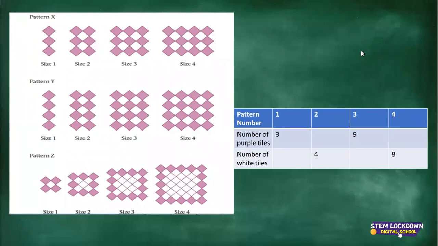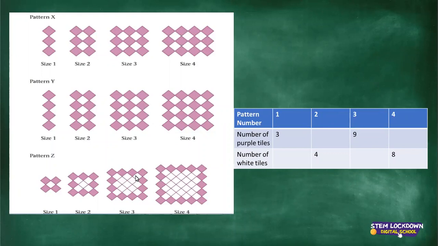All right. Now it is different here. If you notice, we are not adding 4 to each size. Because if you're looking at size 3, how many white tiles do we have here? Let us count.